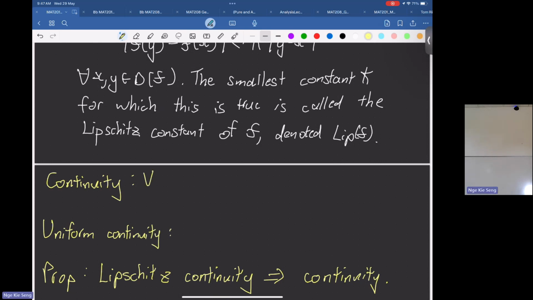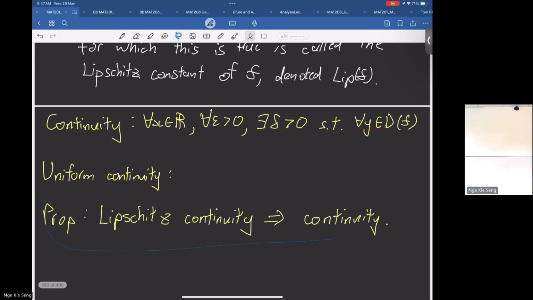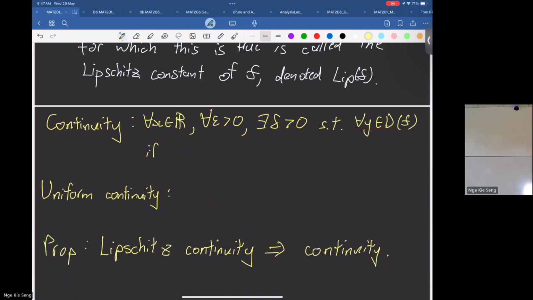Continuity says for every x in R and every epsilon greater than 0, there is a delta greater than 0 such that for every y, if the absolute value of x minus y is less than delta, then the absolute value of f(x) minus f(y) is less than epsilon.